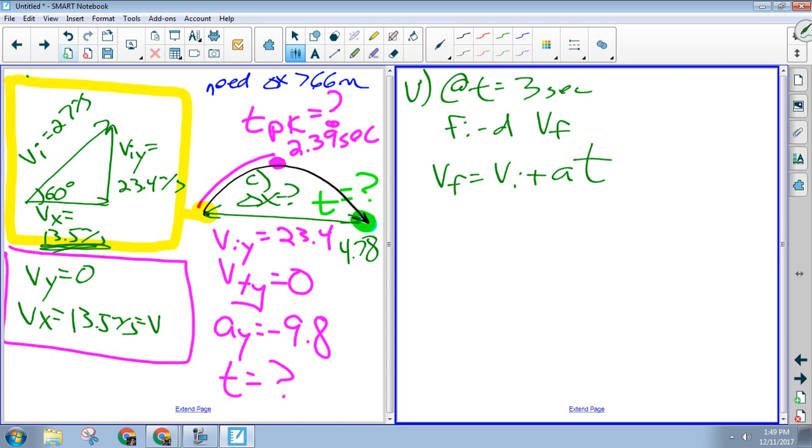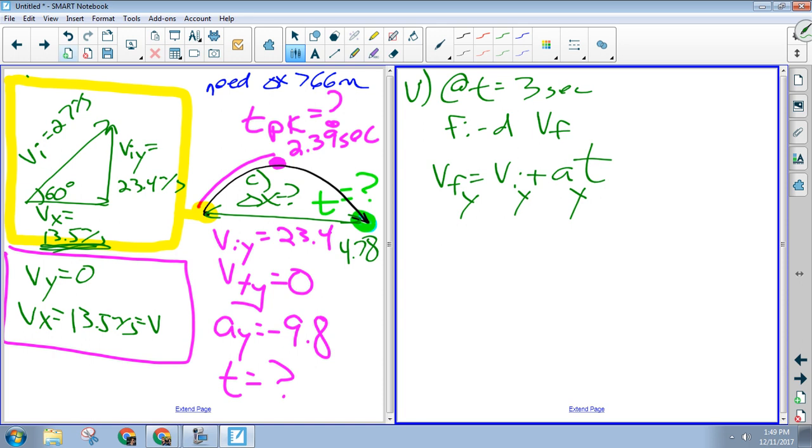No. This is a linear motion equation. It only works for linear motion. This chapter, the equivalent would be this. Can I just do that and be done? No, because all this does is give me the vertical velocity after 3 seconds.